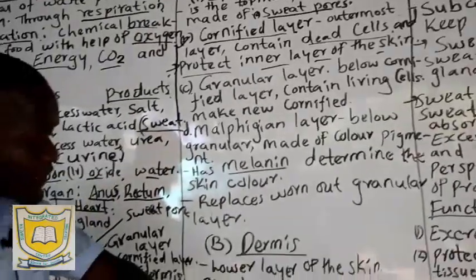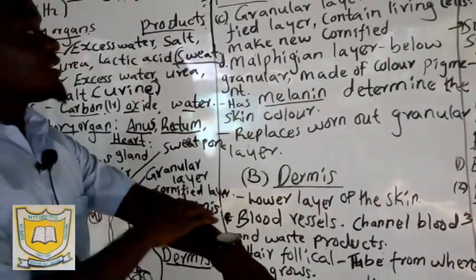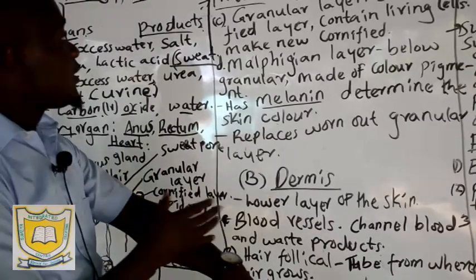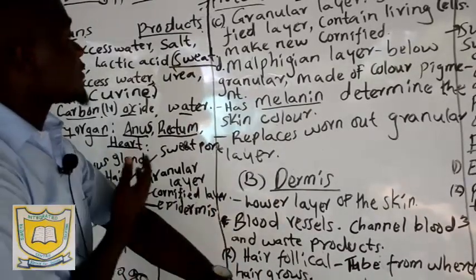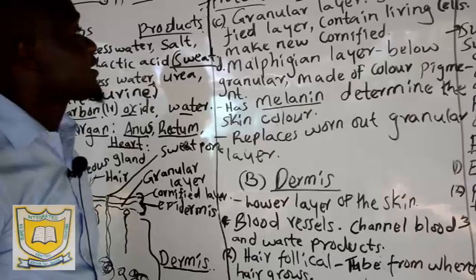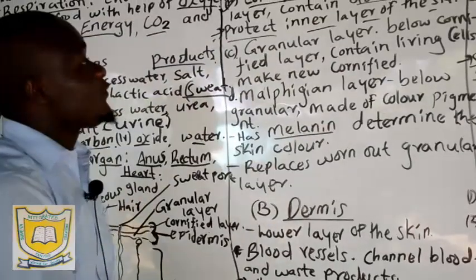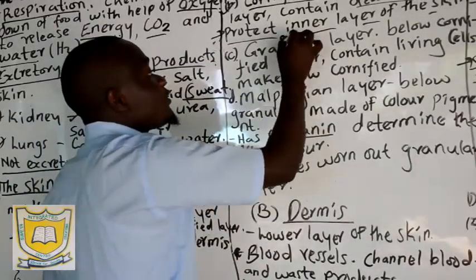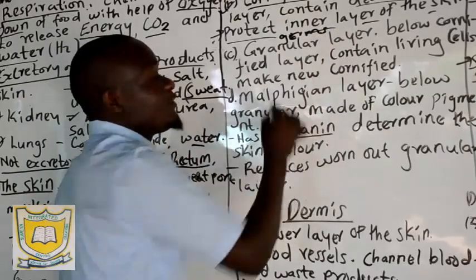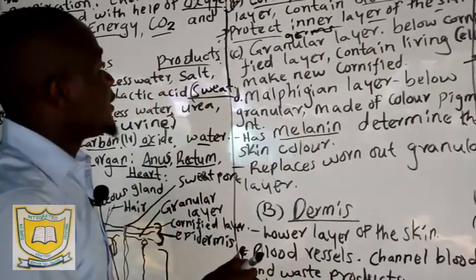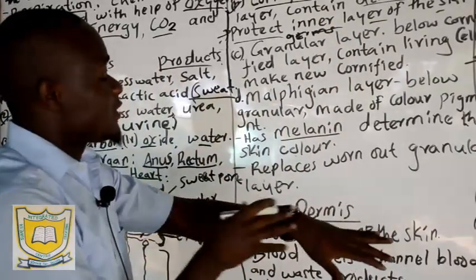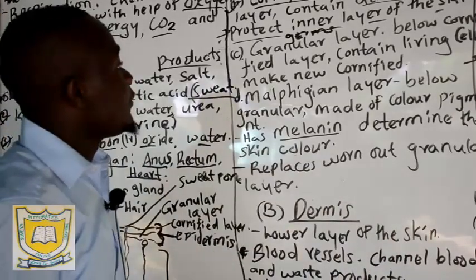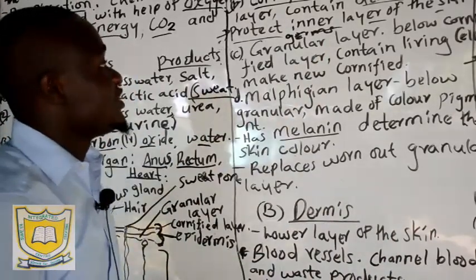That's why if somebody cuts you on the upper layer, even if the wind blows or sand comes in, it will just enter the skin. But this layer protects the skin from the entry of germs. The cornified layer protects the internal layer of the skin from germs and other injuries.